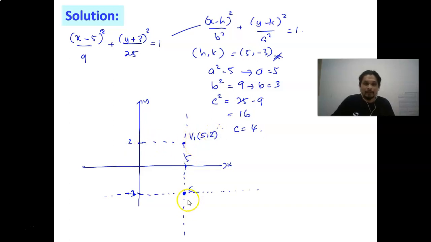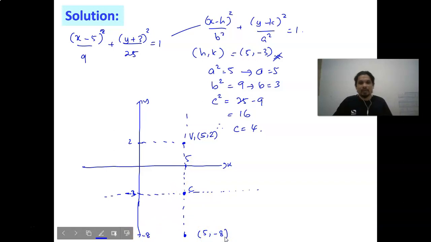Then from negative 3, move 5 units downward. a equal to 5, so 5 units downward. It ends up here at negative 8. So just imagine that this is the coordinate of x equal to 5 and y equal to negative 8.